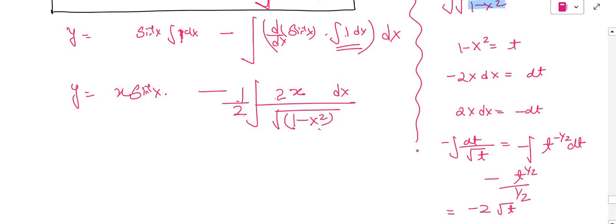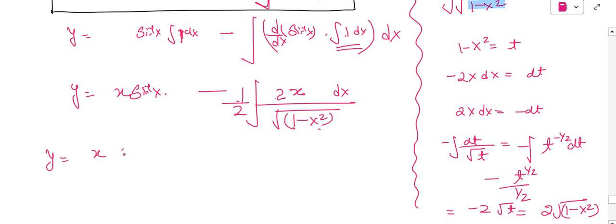So once we are done with this, I will use it here. And what was t? t was 1 minus x square. So I am going to use it here. Don't lose the minus. Minus is also there. I hope you got it. ठीक है.